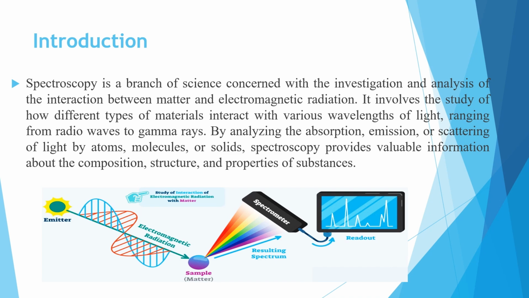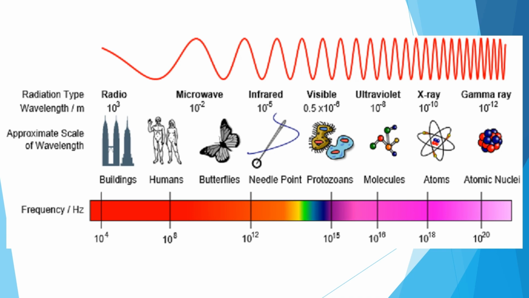By analyzing the absorption, emission, or scattering of light by atoms, molecules, or solids, spectroscopy provides valuable information about the composition, structure, or properties of substances. In this figure, we can see clearly the different wavelengths and the frequencies and the approximate scale of each wavelength.